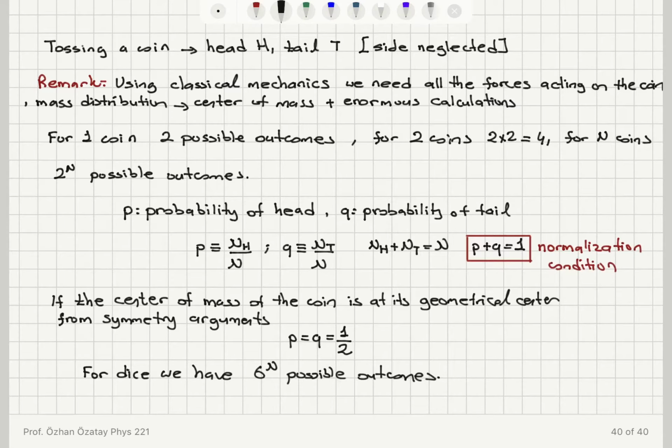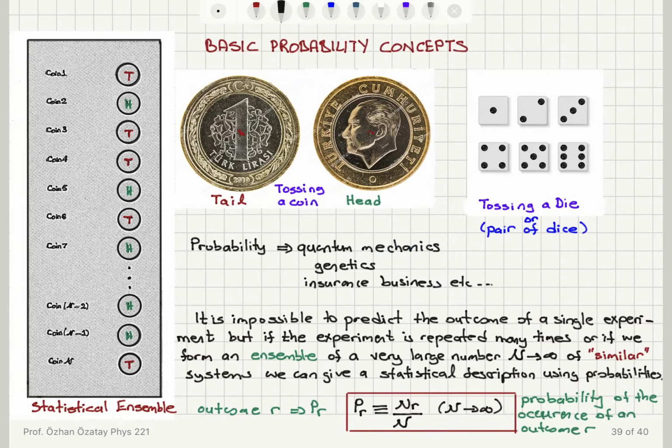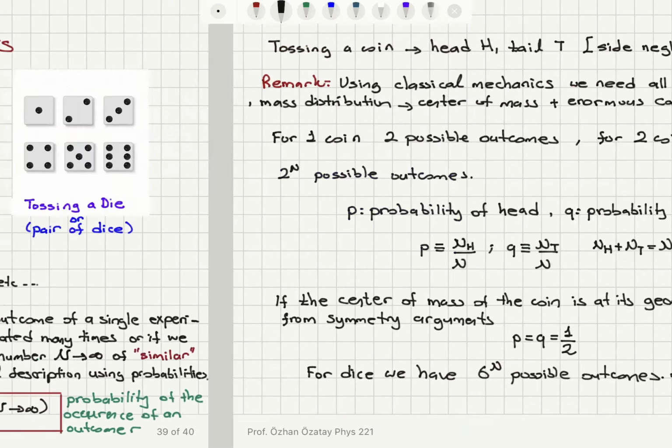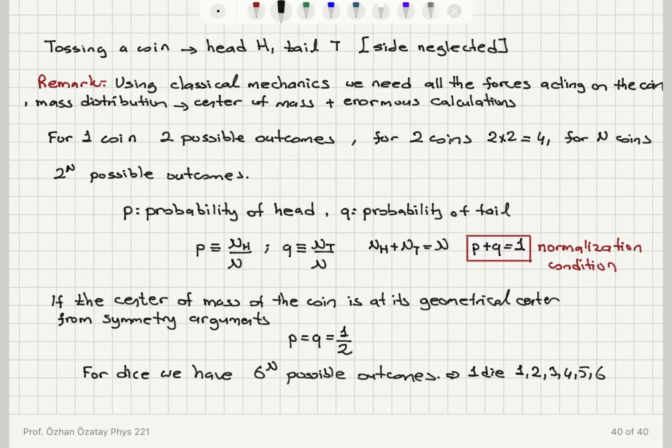Okay, so these possible outcomes for dice, what are they? One die is going to give me 1, 2, 3, 4, 5, or 6. So these 6 possibilities. Now, any of these outcomes, getting a head in the experiment of tossing a coin, or getting 3 in the experiment of tossing a die, in the language of statistical description are called events.